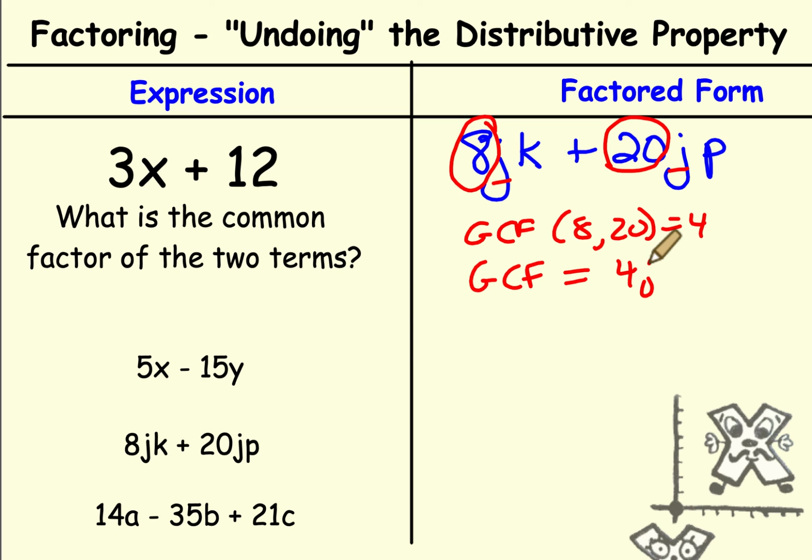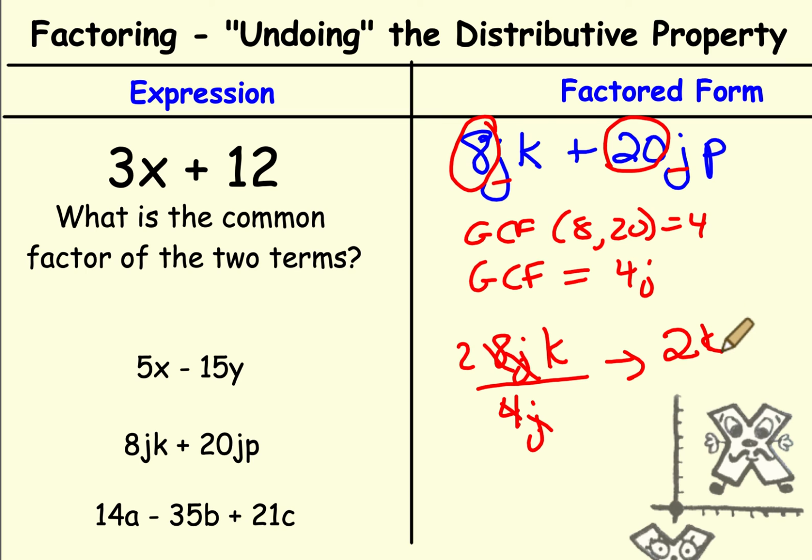So if we're thinking about 8jk, and we need to factor out 4j, 8 divided by 4 will give us 2. And then j divided by j will leave us just a k. So let's see what we have.